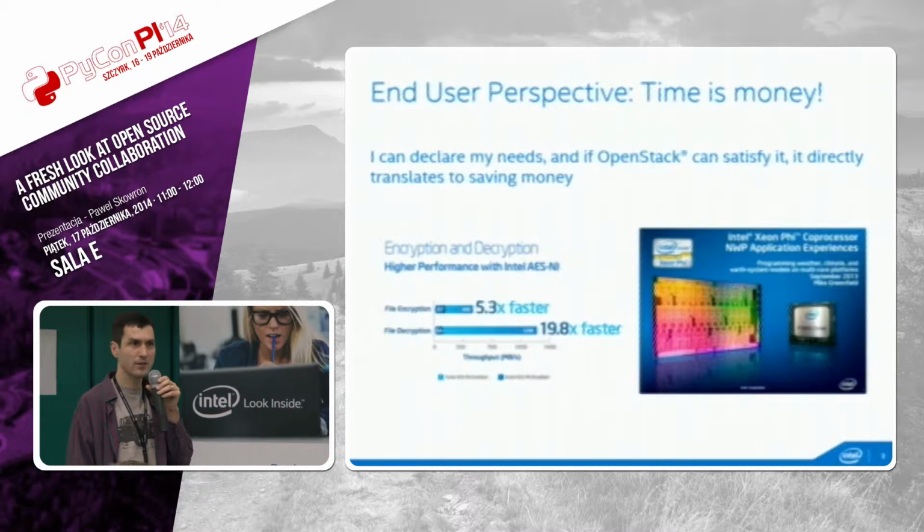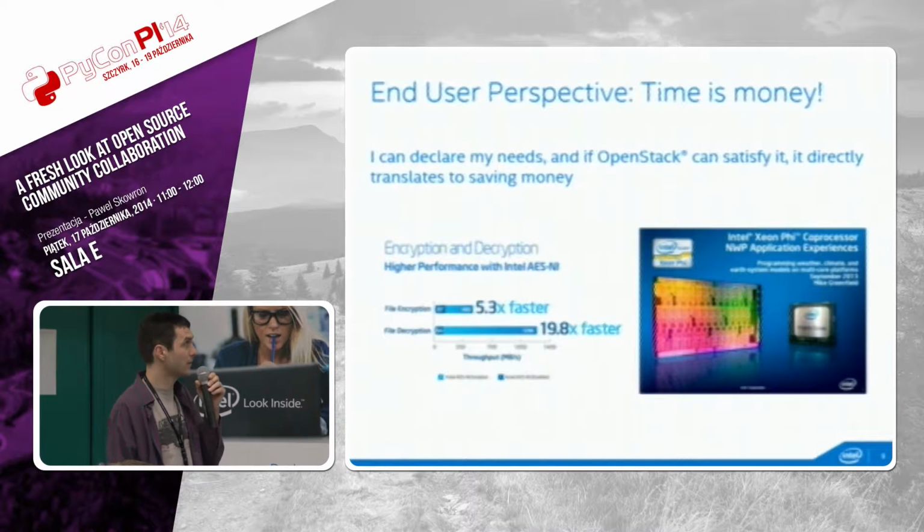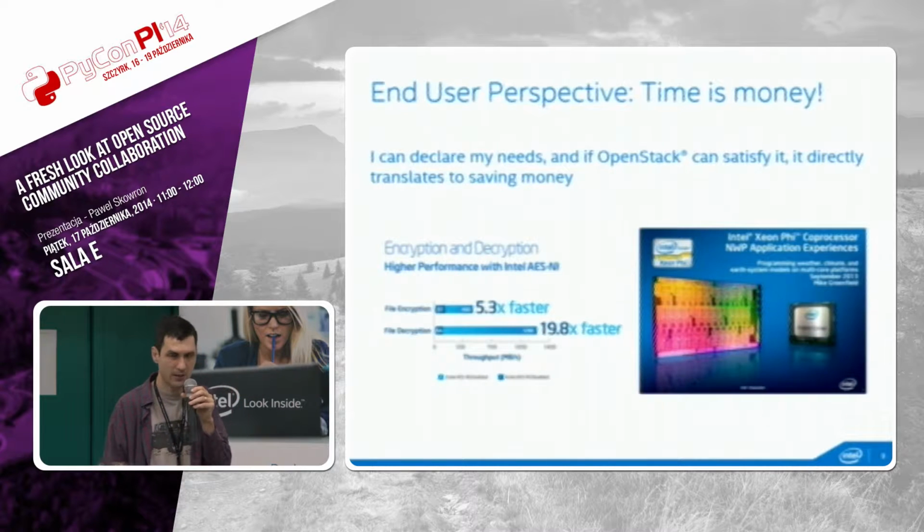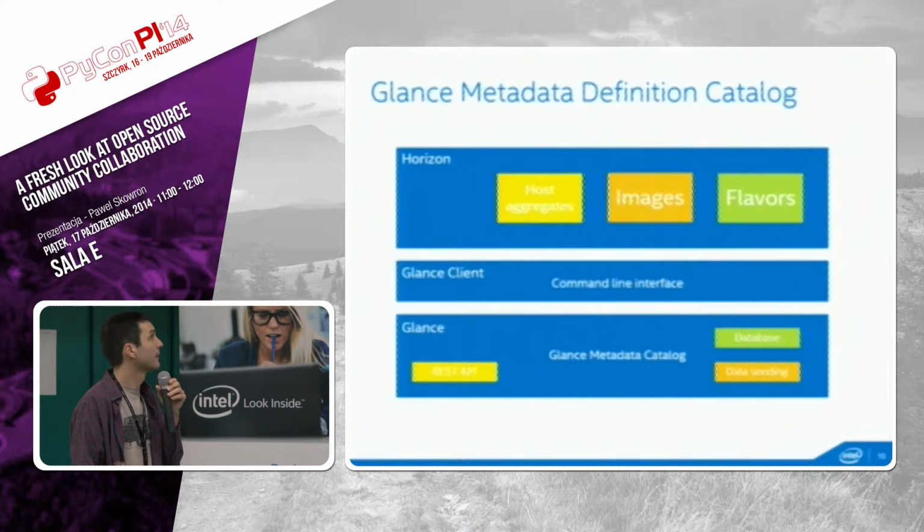So I believe it's important, it makes a real difference, because if you choose a good node, a good host in your stack, then computing can be done much faster, and it means that you can save money.